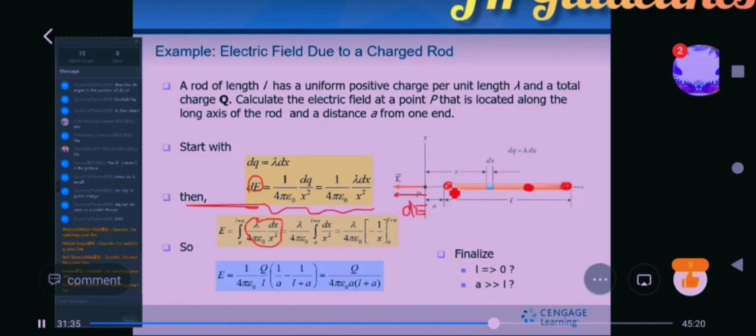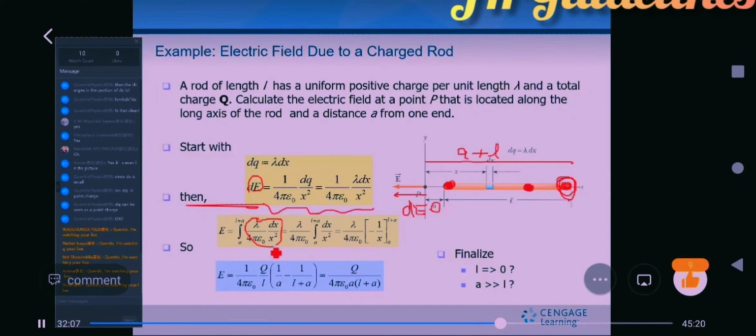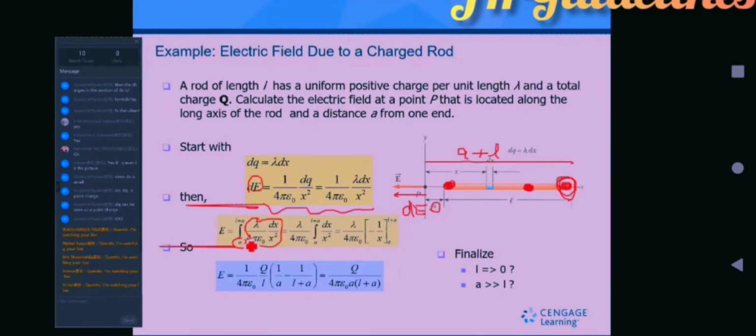The only difference is the distance to P. For the first portion, the distance is A. For the furthest portion, the distance is A plus L. So we do an integration on x from A to A plus L.